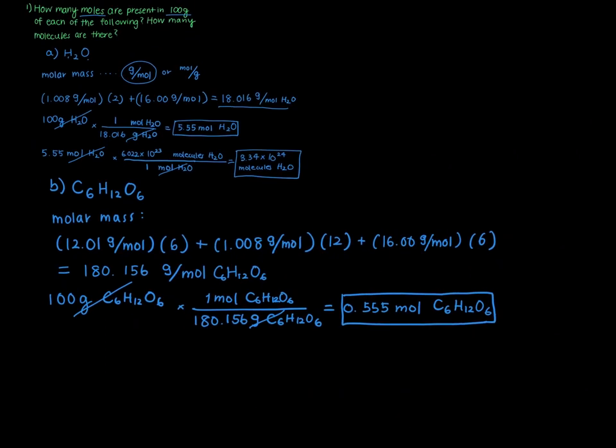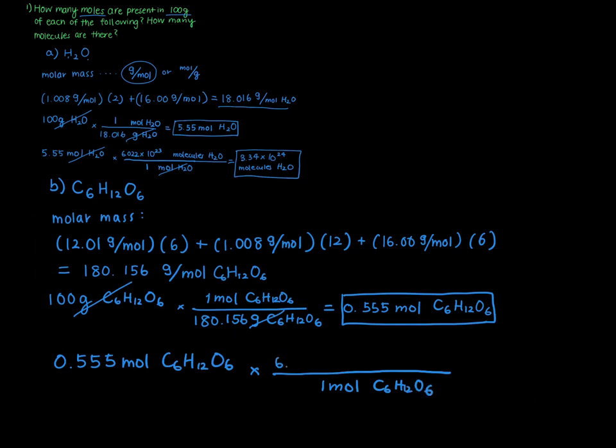Then, to find the molecules, we use Avogadro's number. So we start off with the moles that we just found, 0.555 moles of C6H12O6. We want to get rid of moles and get molecules, so we're going to put the moles on bottom. 1 mole of C6H12O6.